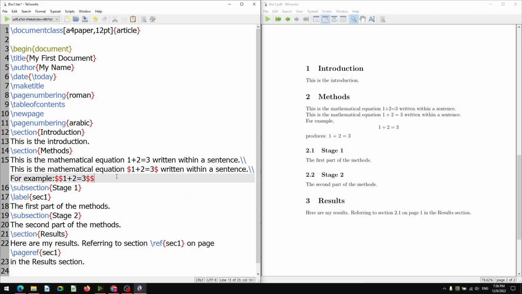So this is the sentence written after these 2 backslashes, for example, $$1 plus 2 equals 3$$.